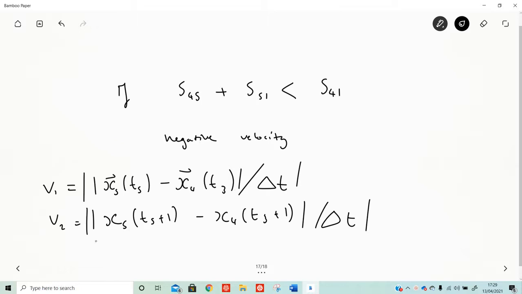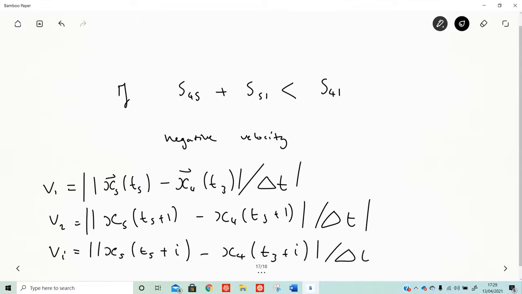Basically, every individual loop within each run will have a series of velocities. Each one of them we could call I, and it would be x5(t5+I) minus x4(t3+I), divided by delta t.